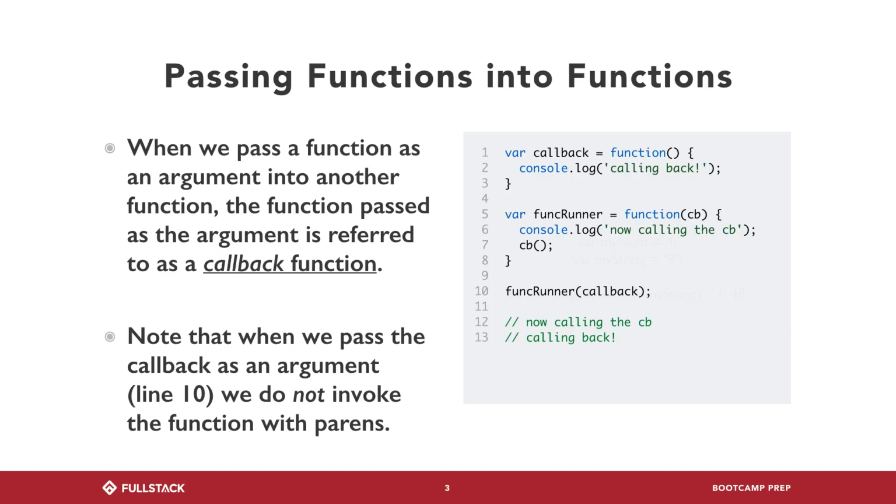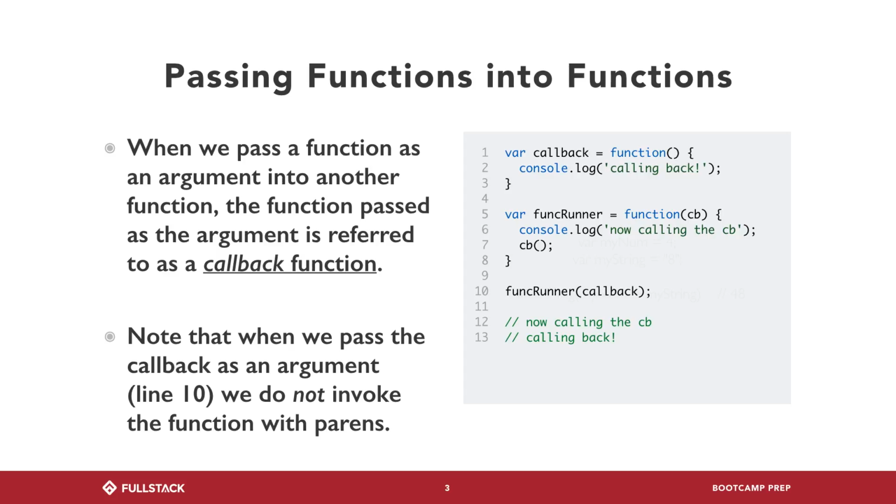As you can tell, if functions are just objects, then we can pass them to and from other things like objects. In the last slide, we stored it as an array. Here, we're passing one function into another function. On line 1, we create a function called callback. On line 5, we create a function called funcRunner.